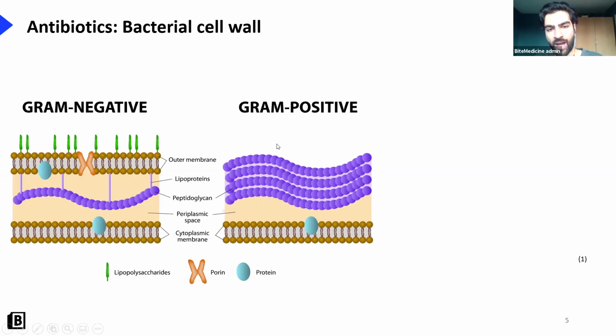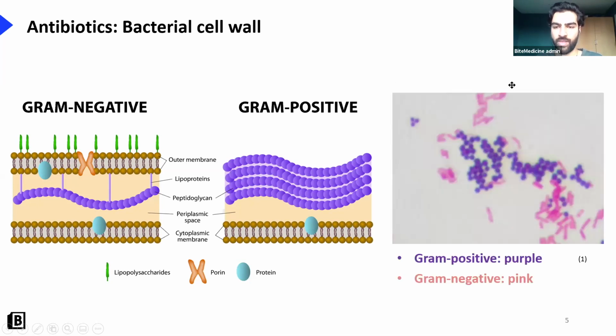Yeah, good. So the gram positive bacteria, the ones with the thick cell wall, they retain the gram stain. The stain is purple, so of course these bacteria will appear purple under the microscope. The gram negative does not retain the gram stain and it is not purple. So on this slide, we have a purple bacteria and that's gram positive, and we have a pink bacteria and that's gram negative.